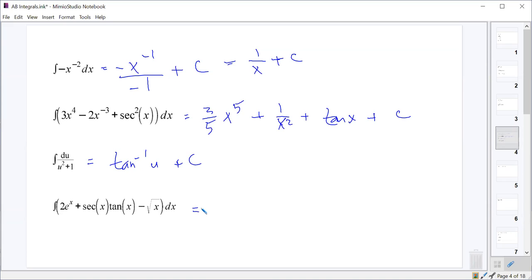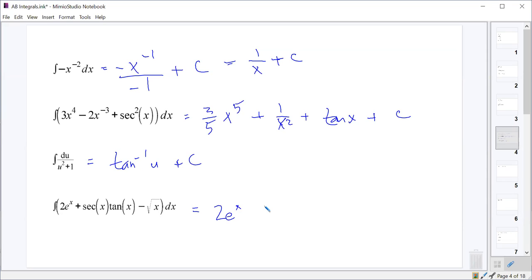E to the x. Should just be e to the x, right? So the integral of 2e to the x ought to just be 2e to the x. The integral of 7e to the x should be 7e to the x. The integral of 8e to the x should be 8e to the x. Yeah?